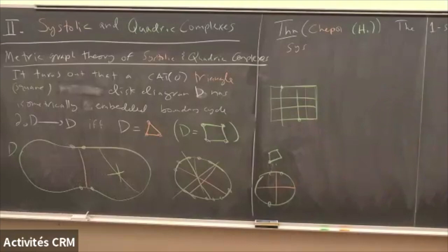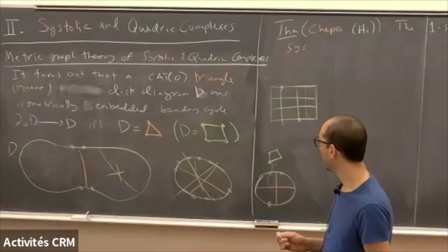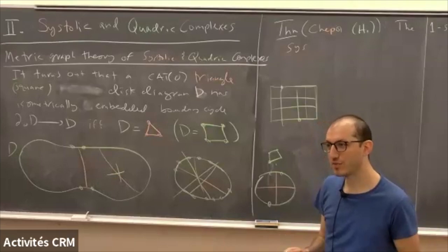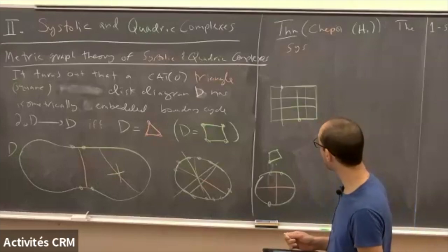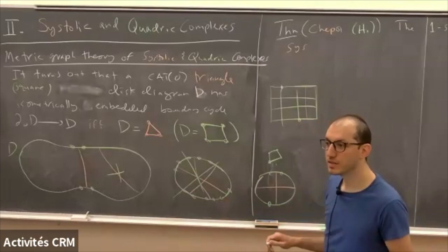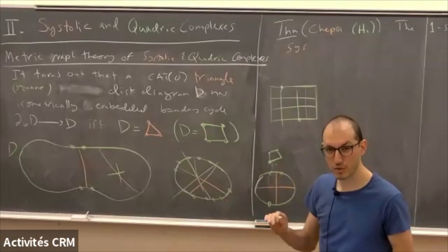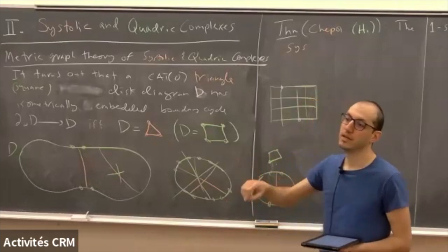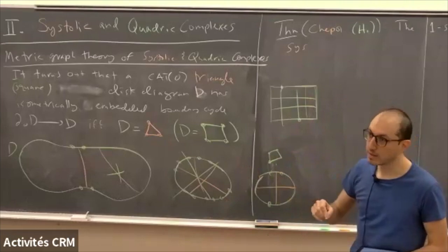Other questions about that argument? It's been a while since I've thought about that argument, but there's a way to prove something even stronger that reduces to the square case in a way that I don't fully remember. What actually happens is that in these cases, the boundary cycles are not just not isometrically embedded.